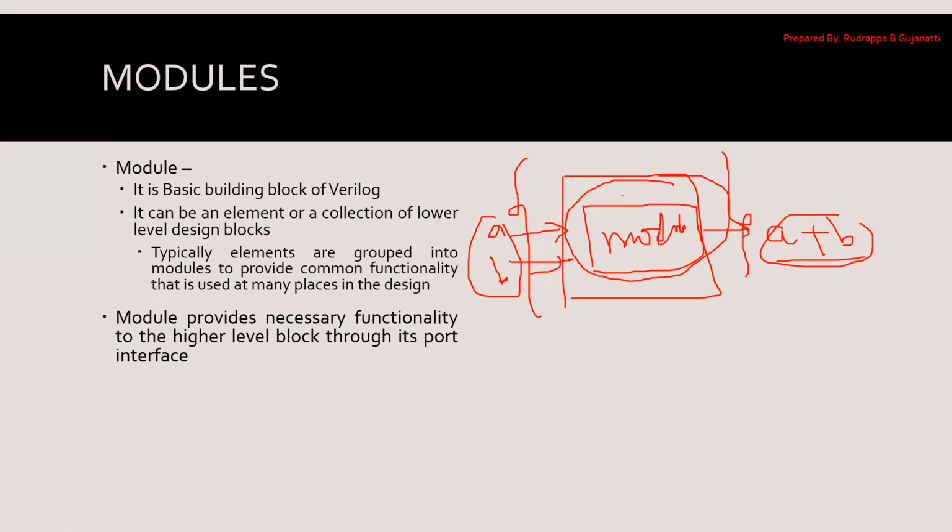Here, the user is giving input and expecting the output. Now, how are you going to add these two numbers? Say, for example, I am taking an adder over here. How are you going to implement it? That will be given in this module.